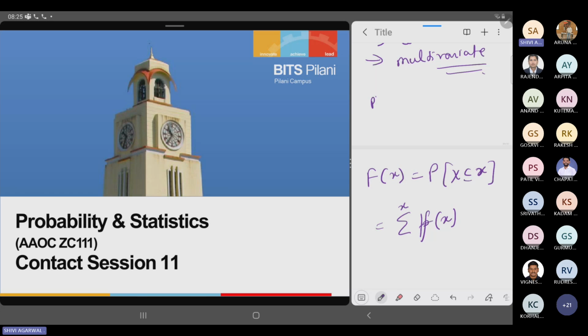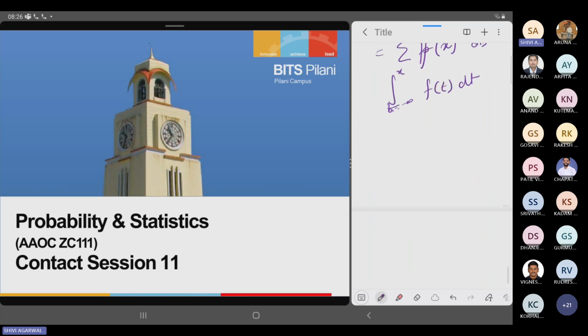In the continuous case, we integrate from t equal to minus infinity to x, f(t) dt. So you do the addition or integration to find all probabilities up to that point.